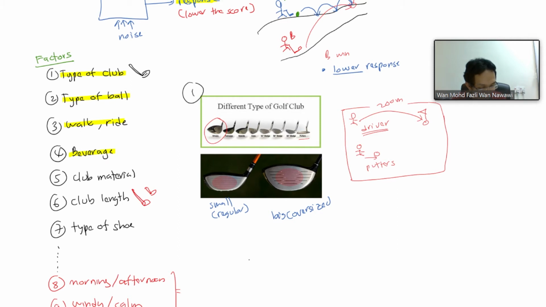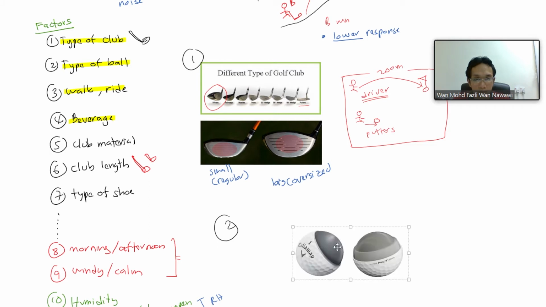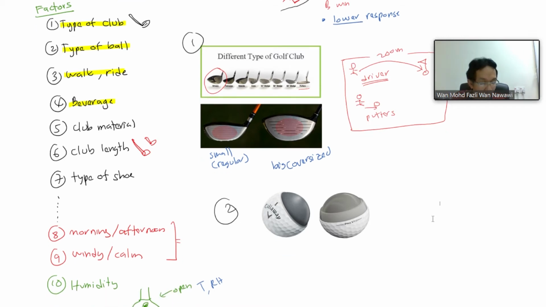The second, you want to check the type of ball. If you see the golf ball, players can choose their own ball, can bring their own ball. You can see the ball itself also has a different construction. This is what we call 2-piece. This is 3-piece.